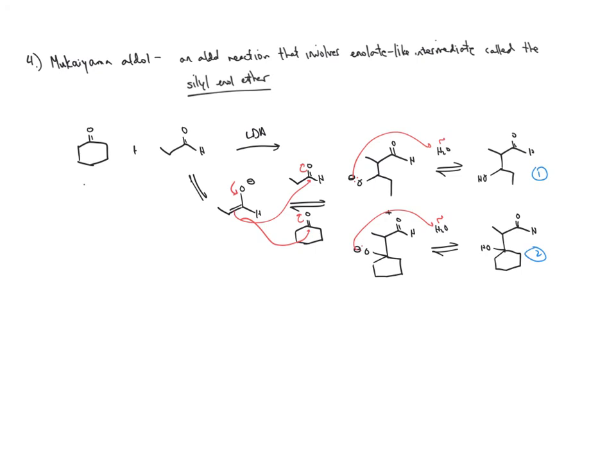We could also do the same thing with the ketone. We could undergo deprotonation to give us this enolate. Now this enolate can, of course, react with the aldehyde or ketone. And you get what's known as scrambling. So we've got several different products that could form from this reaction.